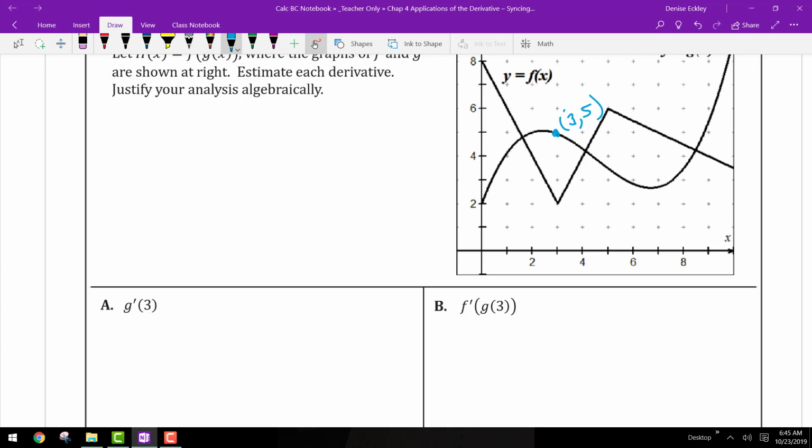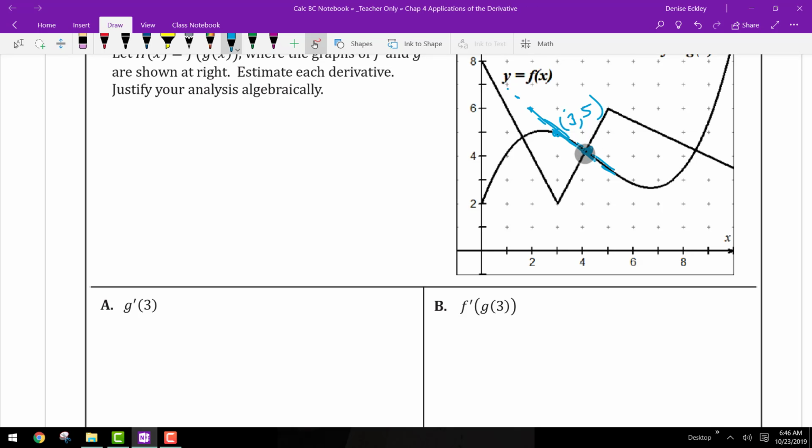And so I'm going to draw a tangent line along here, like that. And the other point that I used was 5, 4. So like right here.